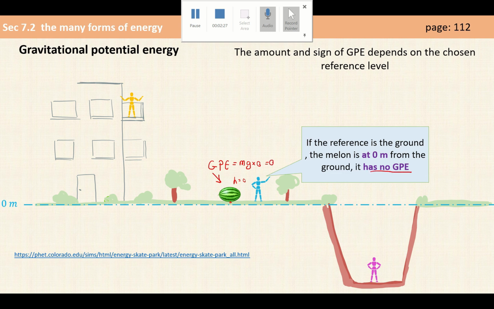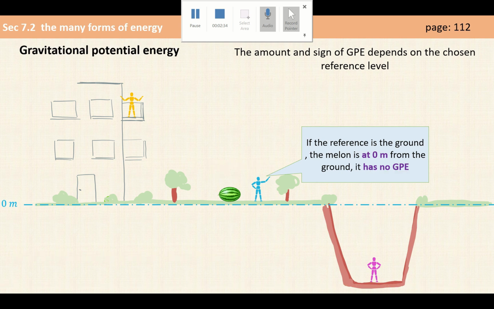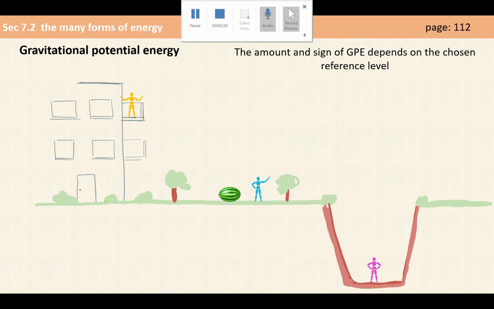But now let's imagine we're going to measure the gravitational potential energy of the same watermelon, but from a different reference level. Now we're going to choose the reference level to be the balcony. So we're going to measure the heights and depths from the balcony.